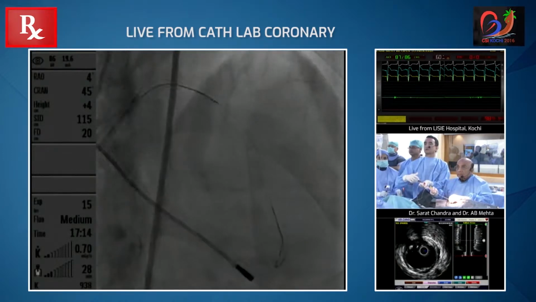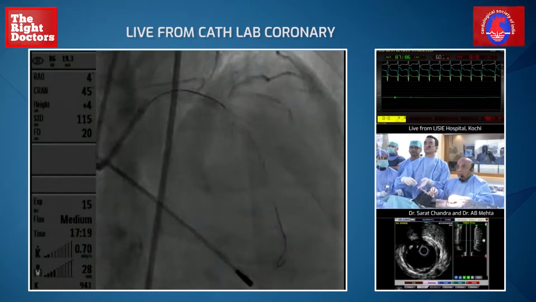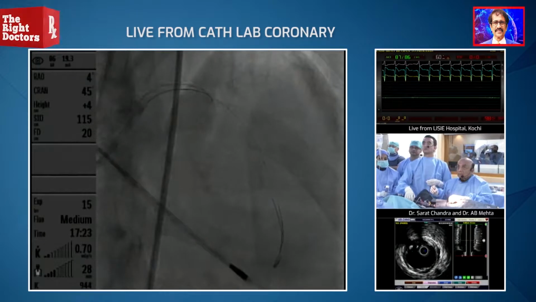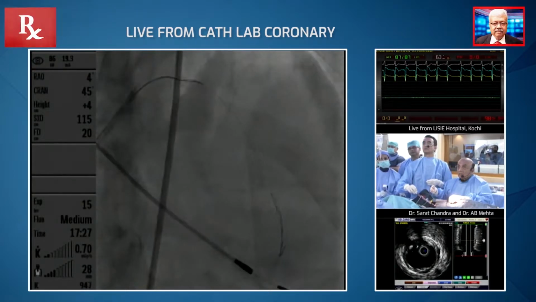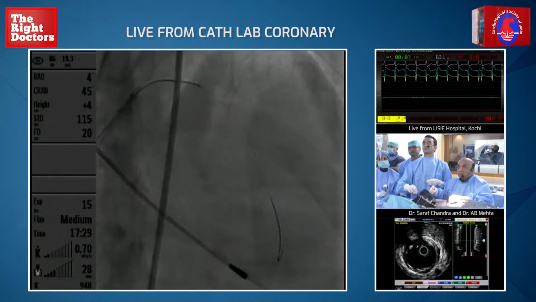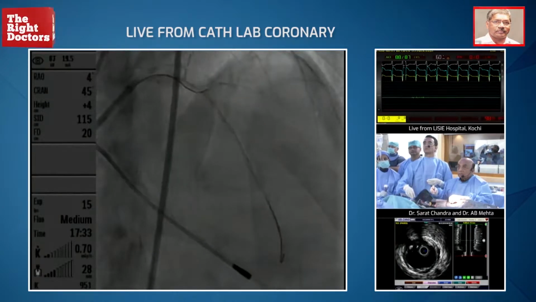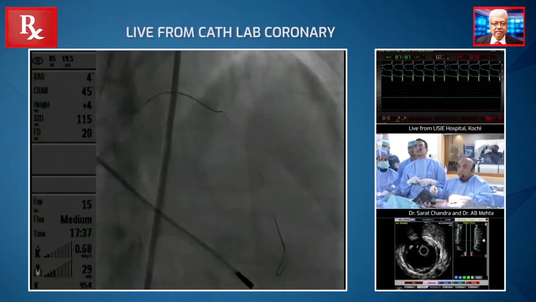This is a graph showing on the bottom how resistance changes over the course of the cardiac cycle. And at the end of diastole, resistance is minimal and low and stable. And that is the wave-free period.